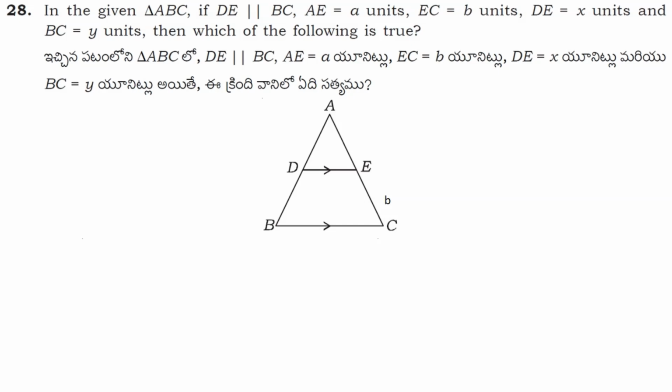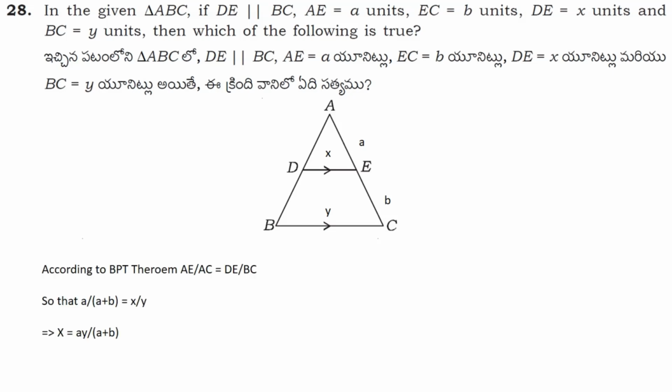According to BPT theorem, AE by AC equal to DE by BC, as DE is parallel to BC and it is intersecting AC at point E. So a by (a plus b) equal to x by y. By taking y to the other side, x equal to ay by (a plus b).